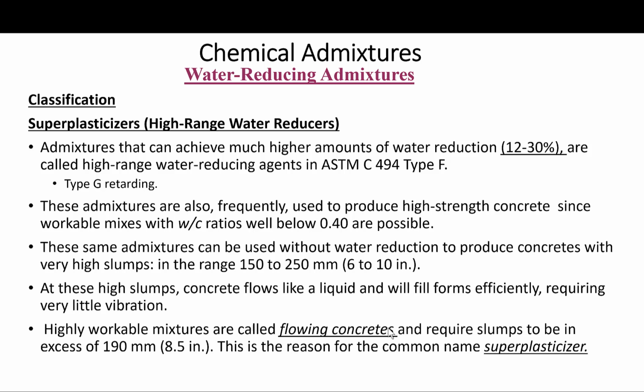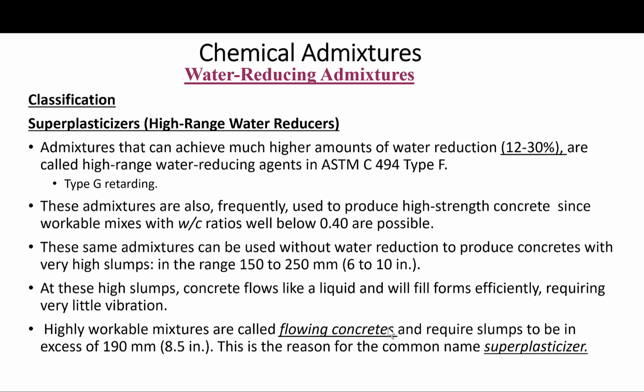We have different versions of it. For example, the type G, which is also a retardant admixture, okay? These admixtures are used frequently to produce high-strength concrete, since workable mixes with water cement ratios well below 0.4 are possible.